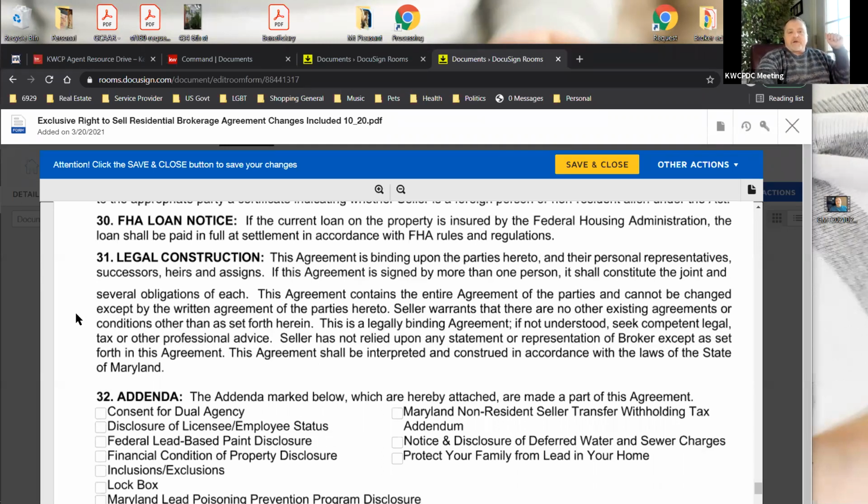Paragraph 31, this agreement is binding upon the parties here too. And we've got to really enforce with our sellers that these are legally binding documents. And when we get into an agreement with a buyer, this is a legally binding document with obligations and liabilities.